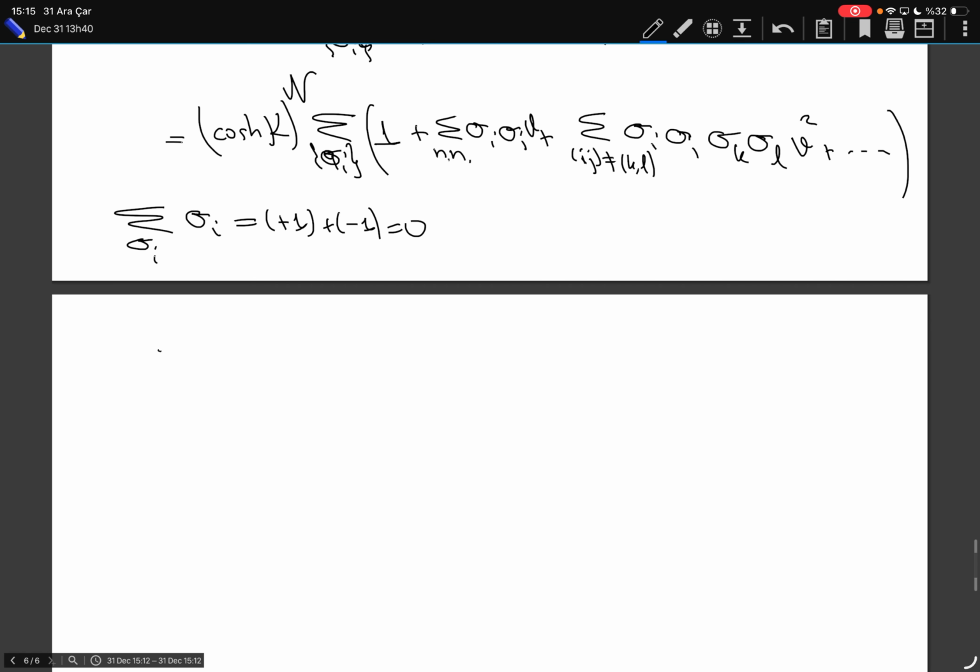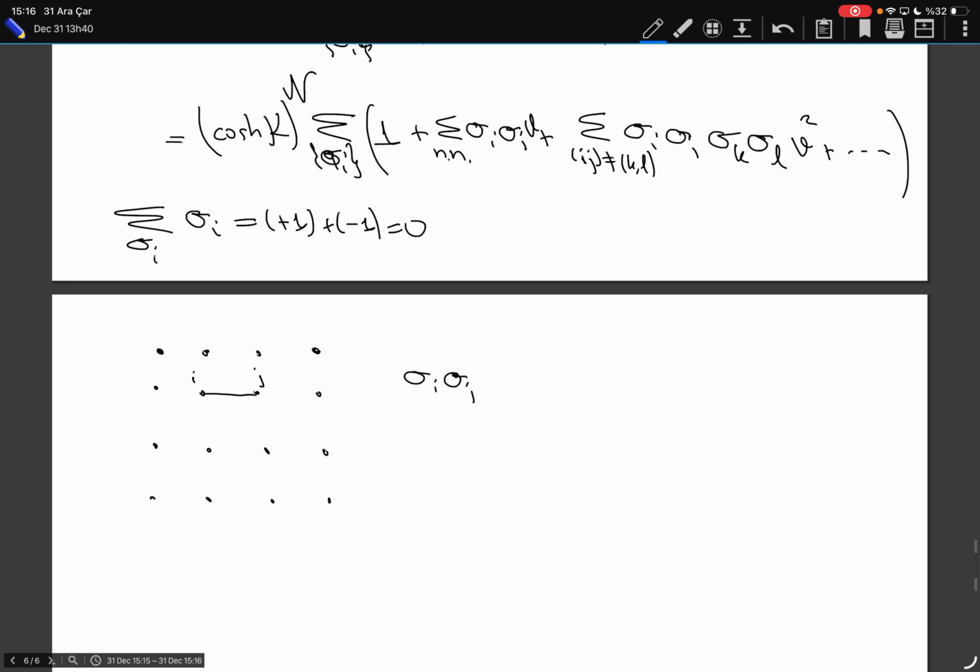You see, let me draw a square lattice. Now, let me just connect these sites. So if this is the i site, this is the j site. That line essentially denotes sigma i, sigma j. Let's just make this identification: that line connecting those two dots, nearest neighbors, is my sigma i, sigma j.